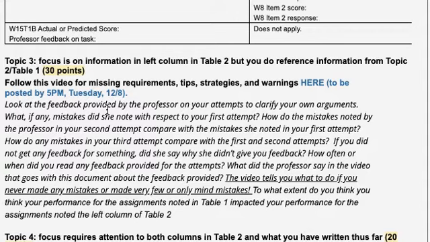All right, so what else? To what extent do you think your performance for the assignments noted in Table 1 impacted your performance for the assignments noted in the left column? So I'm thinking really that this might be 2 paragraphs, depending on how much feedback you have, how many mistakes you made.